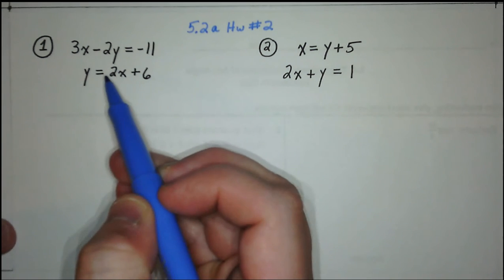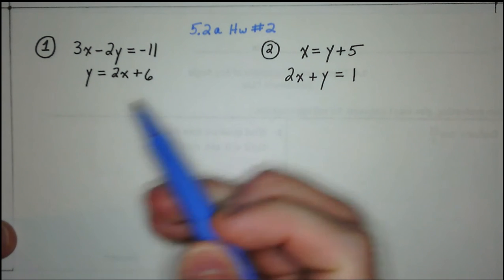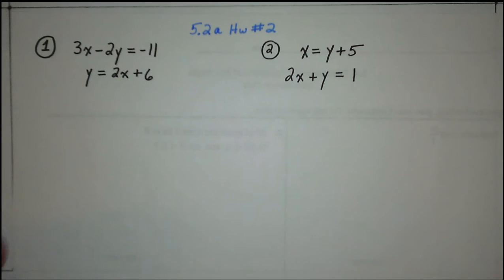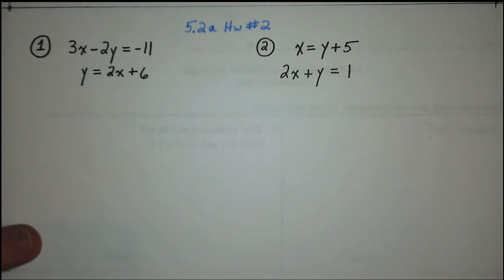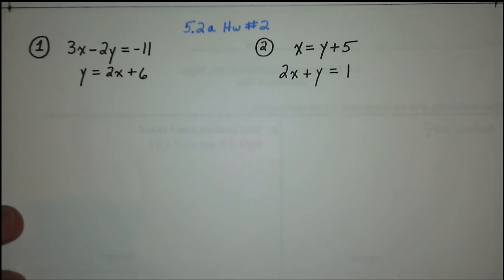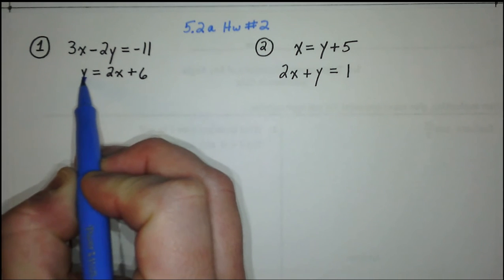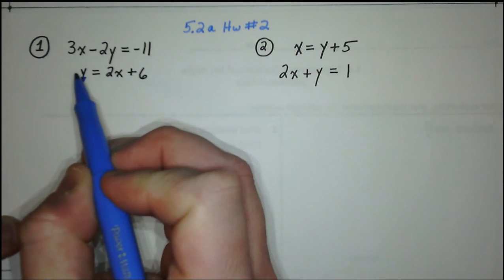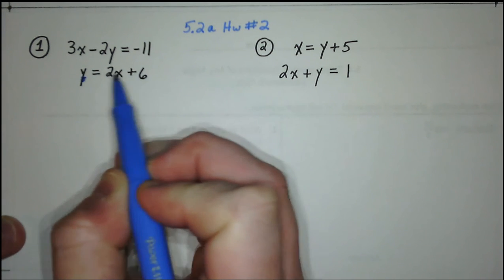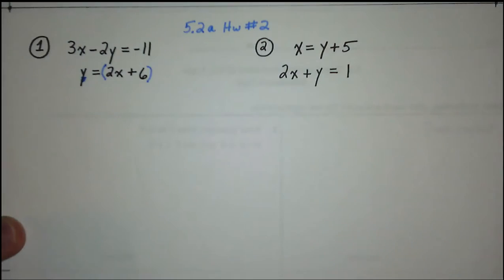So here we go. This system of equations has your first equation and your second equation, and you have to look at that and ask yourself, is either of those equations already solved for x or for y? It turns out that this equation says that y equals 2x plus 6.